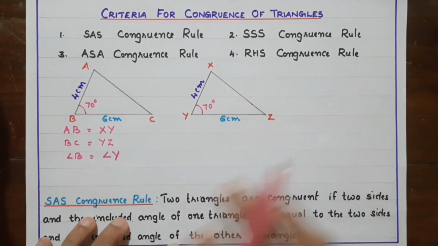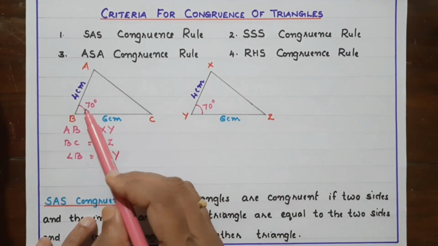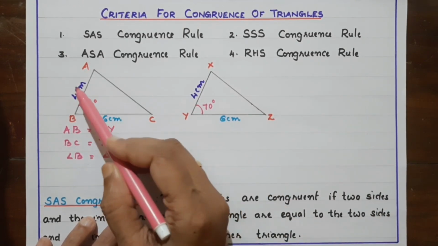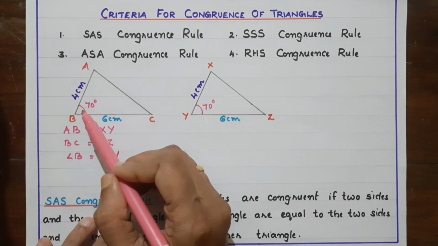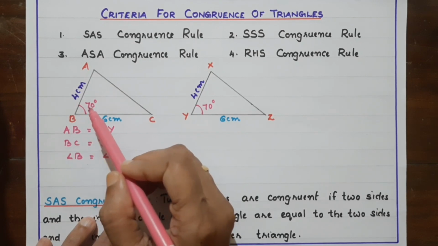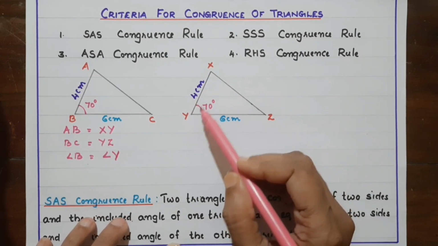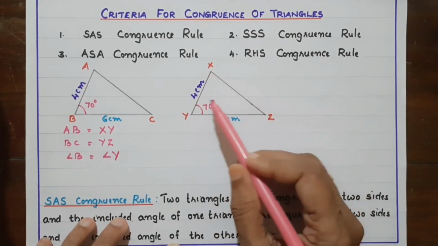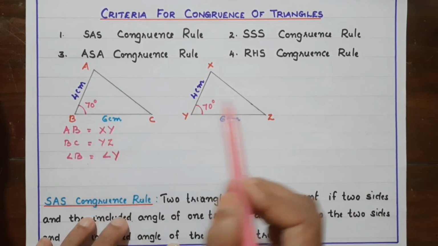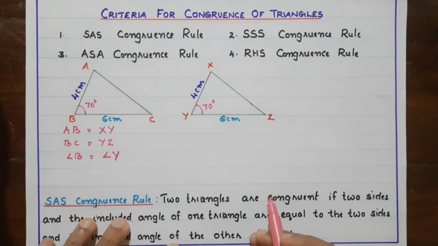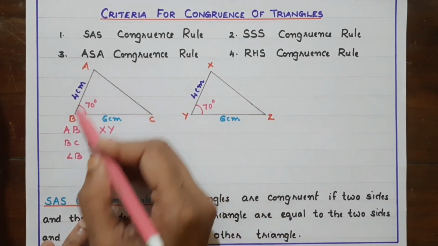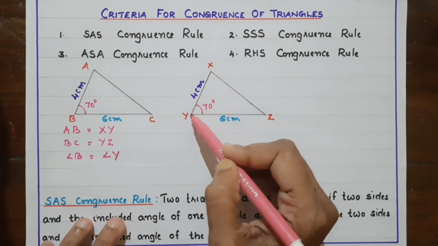Okay, children? So, here, since two sides and the included angle of this triangle ABC are equal to two sides and the included angle of the second triangle XYZ, then we can say they are congruent. So, how can we write that? Here AB corresponds to XY, isn't it?